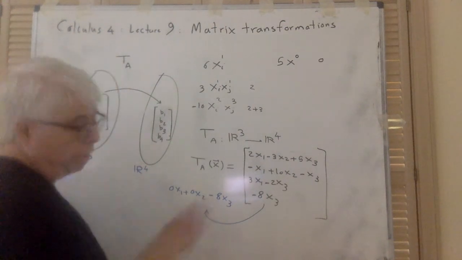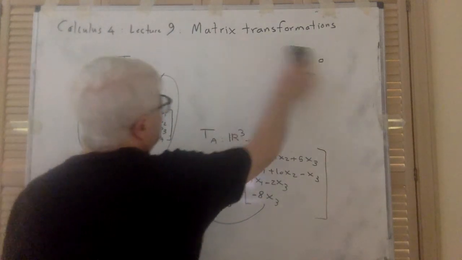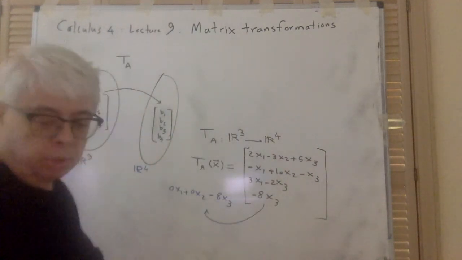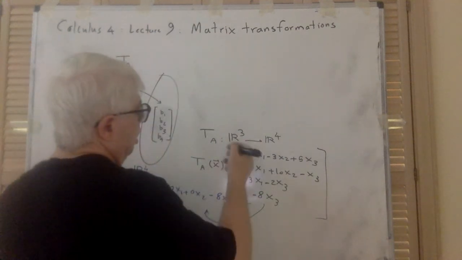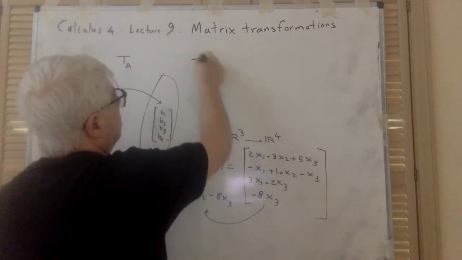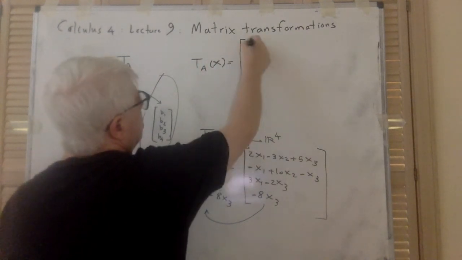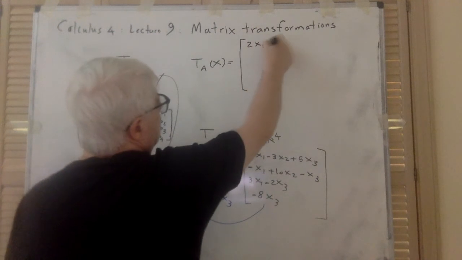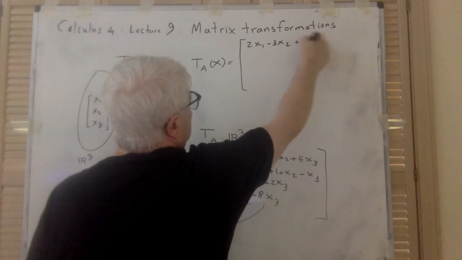Okay, so if I have this situation, then what I do is I usually complete this thing, I just write the zeros. So I can write it here again with the zeros included. The first one, there is no zero, so that's minus 3 x2 plus 5 x3.